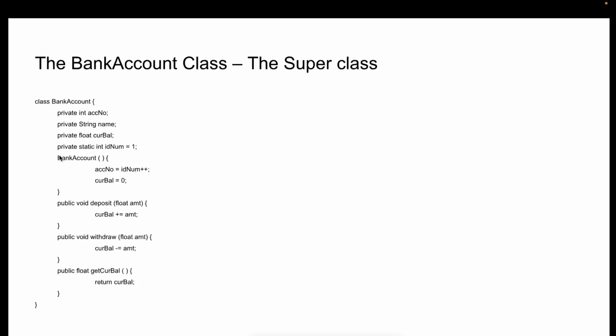Let's see what this code is doing. We are creating a default constructor and initializing our data members. Like the id num had the value of 1, so we assigned this to account number and then incremented it.